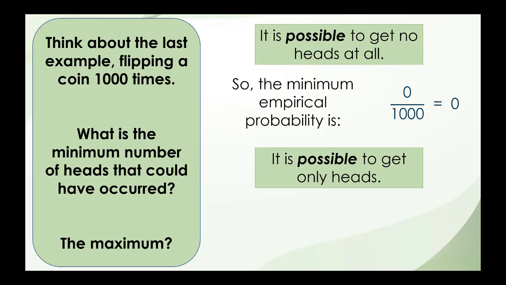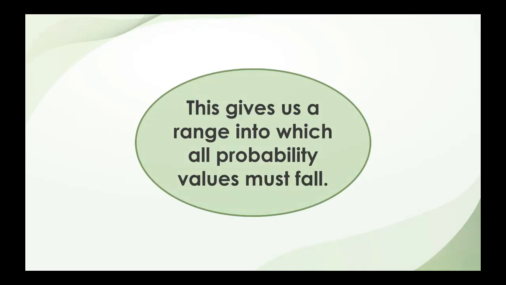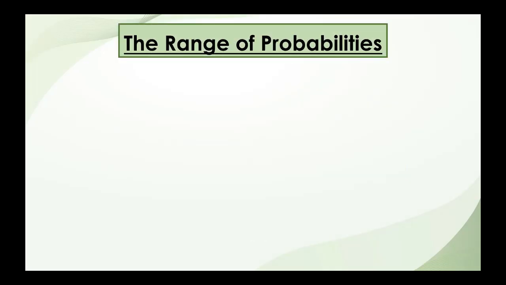So if we were computing the empirical probability and it always came up heads, then it would have been 1,000 out of 1,000, and the maximum empirical probability would have been 1. So when we look at this problem, it actually gives us a range into which all probability values must fall. So, the range of probabilities.